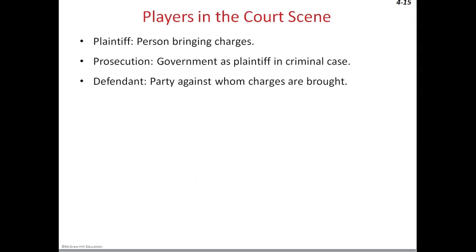Your players in the courtroom scene are the plaintiff, or the person bringing charges in the lawsuit. This person must show that he or she was wronged or injured. The prosecution is the government acting as the plaintiff in criminal cases. And your defendant is the individual who is charged with the offense and must dispute the complaint.